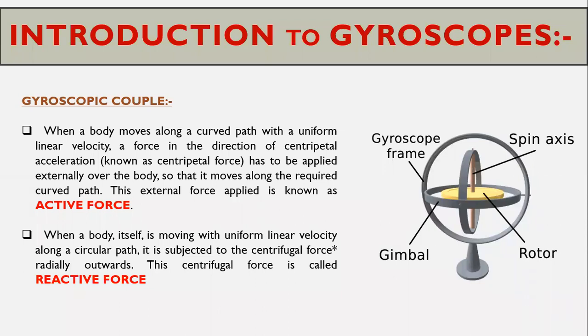So the active force is the centripetal force, but the reactive force is the centrifugal force, that is radially outward in direction. Generally the centrifugal force is applied on the outside part of the gyroscope, radially outward in direction, and this centrifugal force is known as the reactive force.